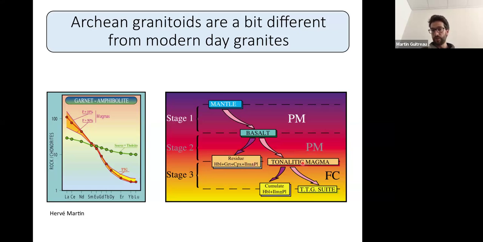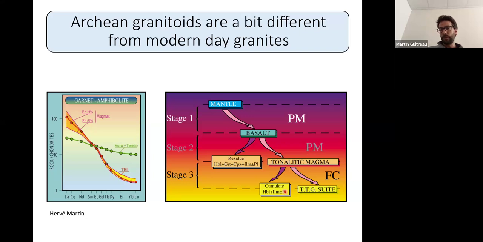And then those tonalitic magmas can undergo fractional crystallization to account for the diversity of TTG granitoids that we find, with a cumulate essentially composed of hornblende, ilmenite, and plagioclase. Of course, I'm not talking about accessory minerals, but this is the big picture for granite formation.